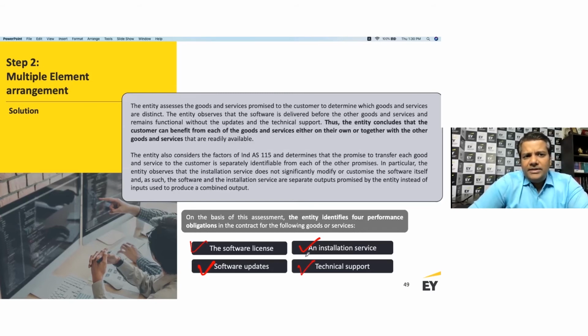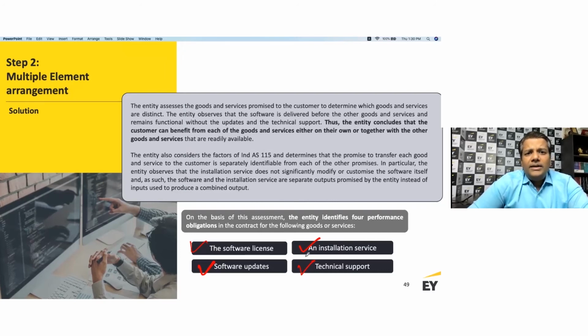So the entity has to assess the goods and services promised to the customer to determine which goods and services are distinct, capable of being distinct within the context of the contract. Remember, I, as a customer, can benefit from each of them without being dependent on the other component, or I can benefit by leveraging the other things which I already have, right?